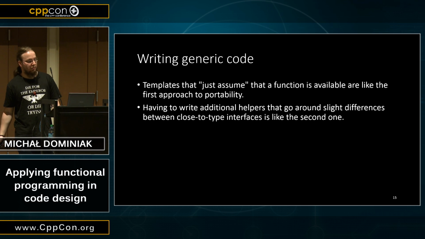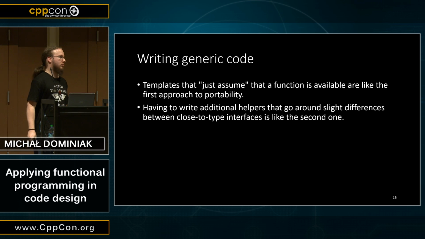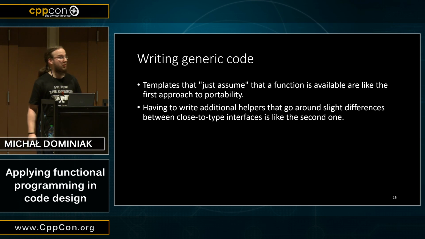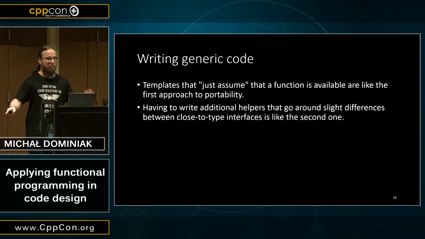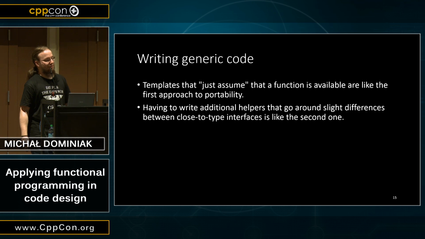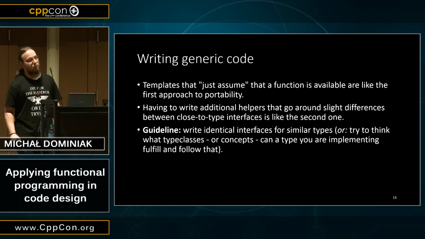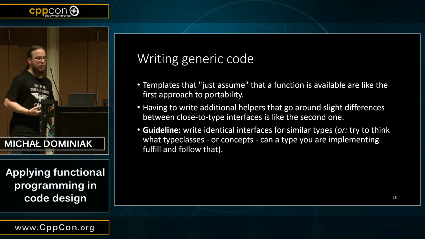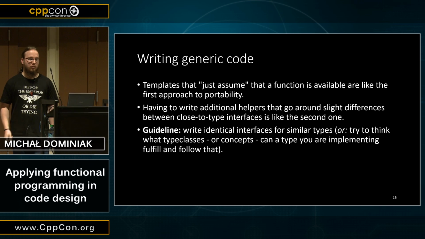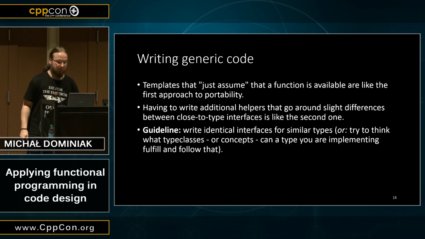And there are people who look at code and say, okay, my code will be generic, I will specialize my function for this type, this type, this type, and this type, and I will be generic. That's not really the point. We want to write code that will behave similarly or in the same way for types that are similar.